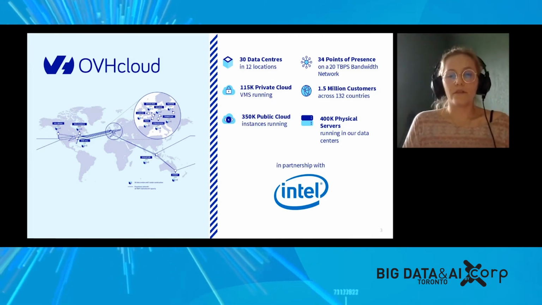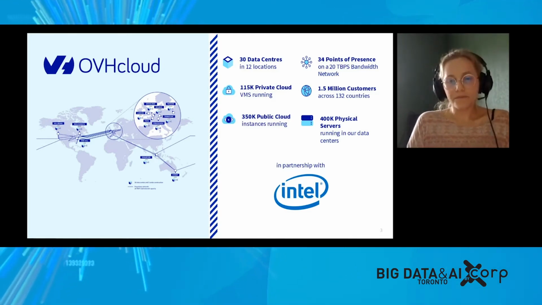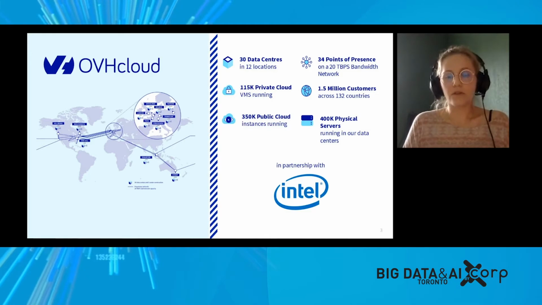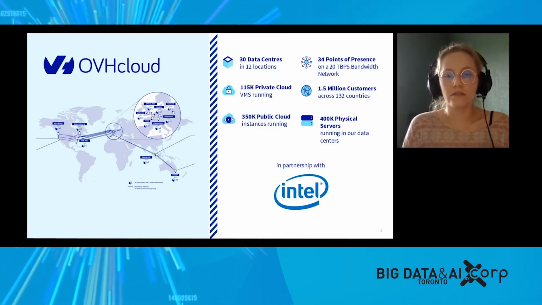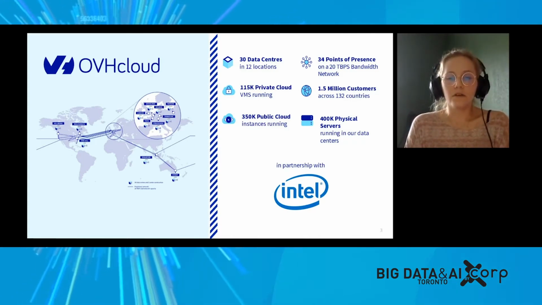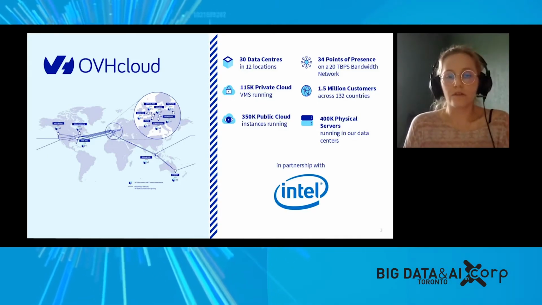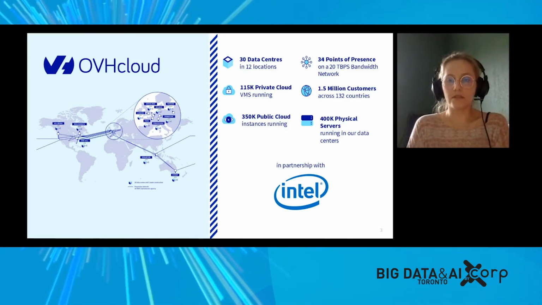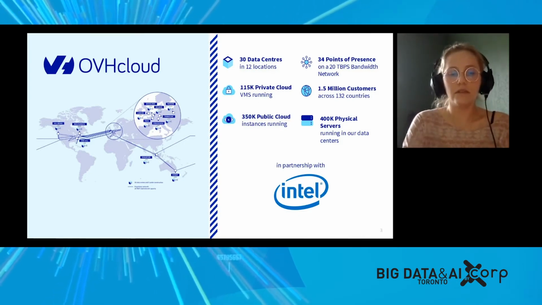We have 30 data centers all around the world, mainly in Europe, but also in North America with our 7 data centers located in the city of Beauharnois in Quebec. We are hosting about 350,000 public cloud instances, and we are in partnership with Intel.